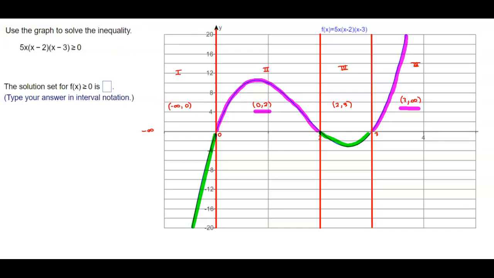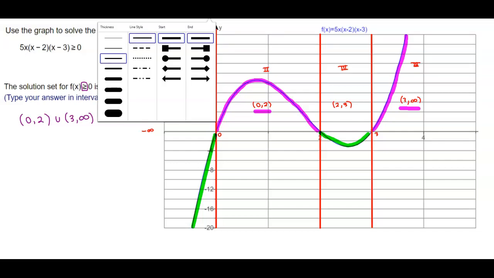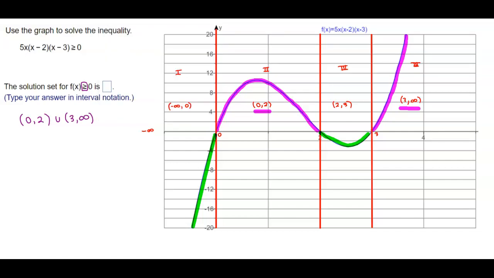The interval between 0 and 2 is above the axis, union, and it's also above the axis from 3 to infinity. Now we need to determine whether we need to use brackets or not.